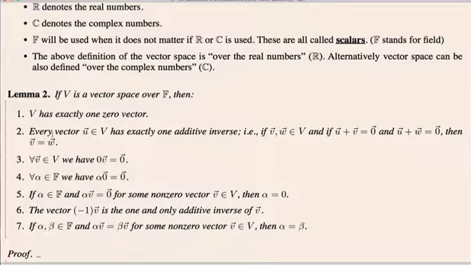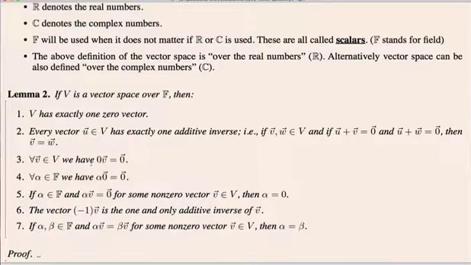Then property 2: every vector u has exactly one additive inverse, which means that if you have two vectors v and w such that u plus v is 0 and u plus w is 0, then actually v equals w. Property 3: for all vectors v, if you multiply v by the 0 scalar, you get the 0 vector.